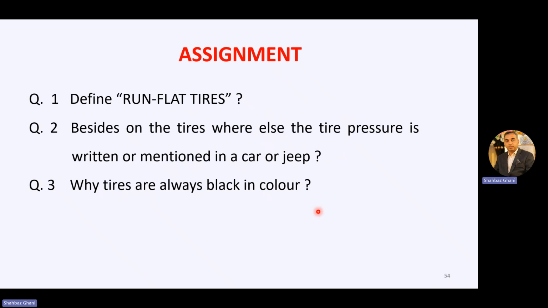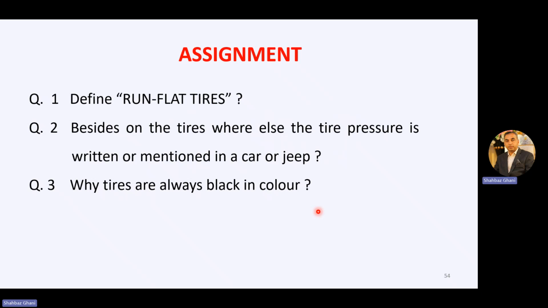The fourth question, which is very interesting, which I give to my students, is which type of tire your instructor's vehicle has. So you have to go to the instructor's vehicle and take a selfie along with the tire, and then write all the description on the side wall.